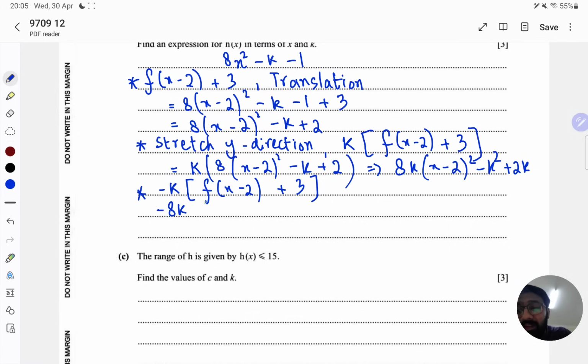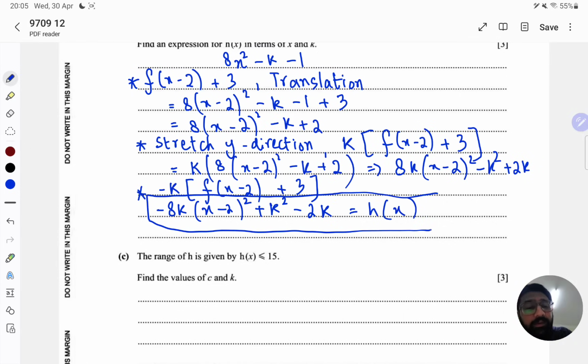So minus 8k(x − 2)². If I multiply the next term with the negative sign, it will be positive k² − 2k. Remember, this is the function h(x) now, because this has been transformed.